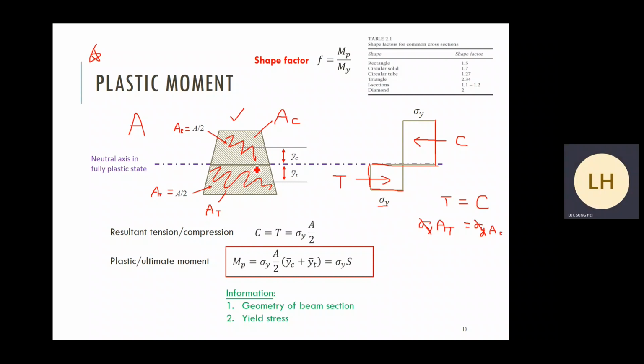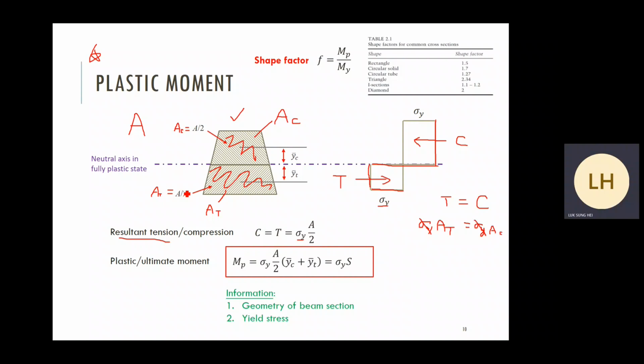Half of the area in compression, half of the area in tension, based on this section force equilibrium. So compression or tension is simply equal to our yield stress times half of the area. A is the total area of the whole section. Okay, this is how you can get the relationship for C or T.